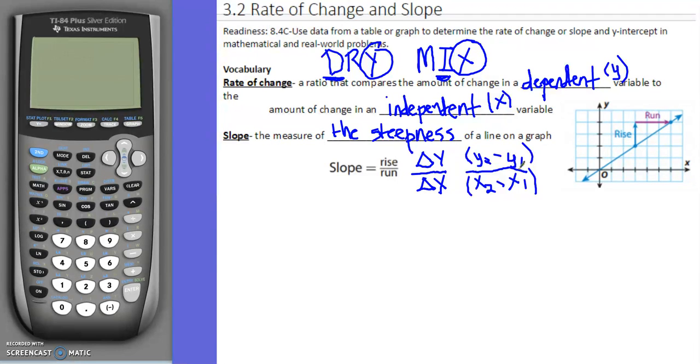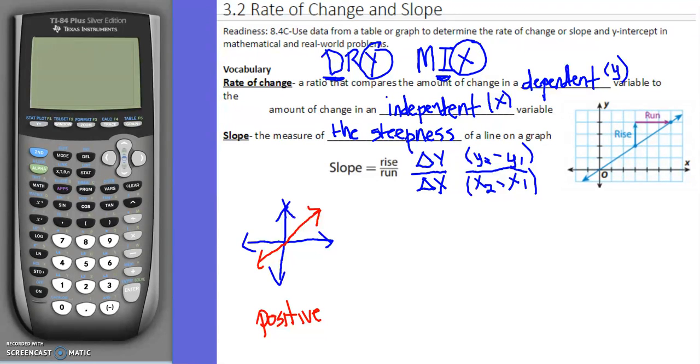Some other things that I want to remind you about slope. When we're talking about a positive slope, it will look like this, where it's going up, it's rising.